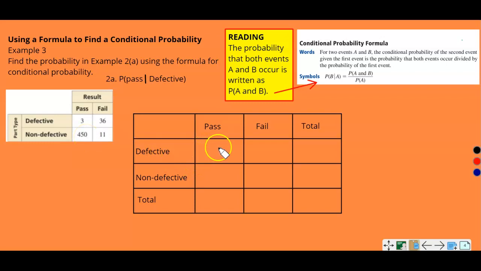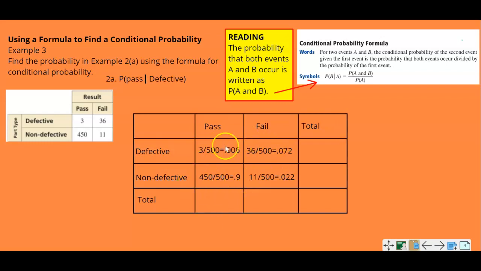So for pass and defective, we're going to have 3 out of 500, and then 36 out of 500. This one would be 450 out of 500, and this one would be 11 out of 500. I'm going to quickly type these so they're easy to read, and divide those to get the joint and marginal relative frequencies so that the formula will be easy to plug into.